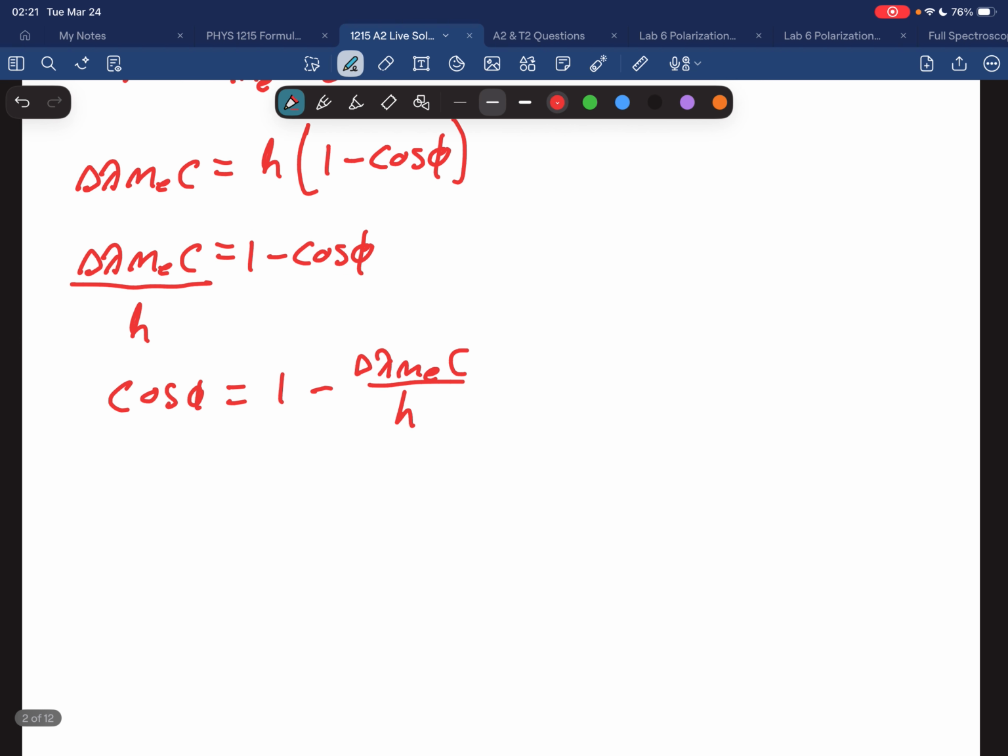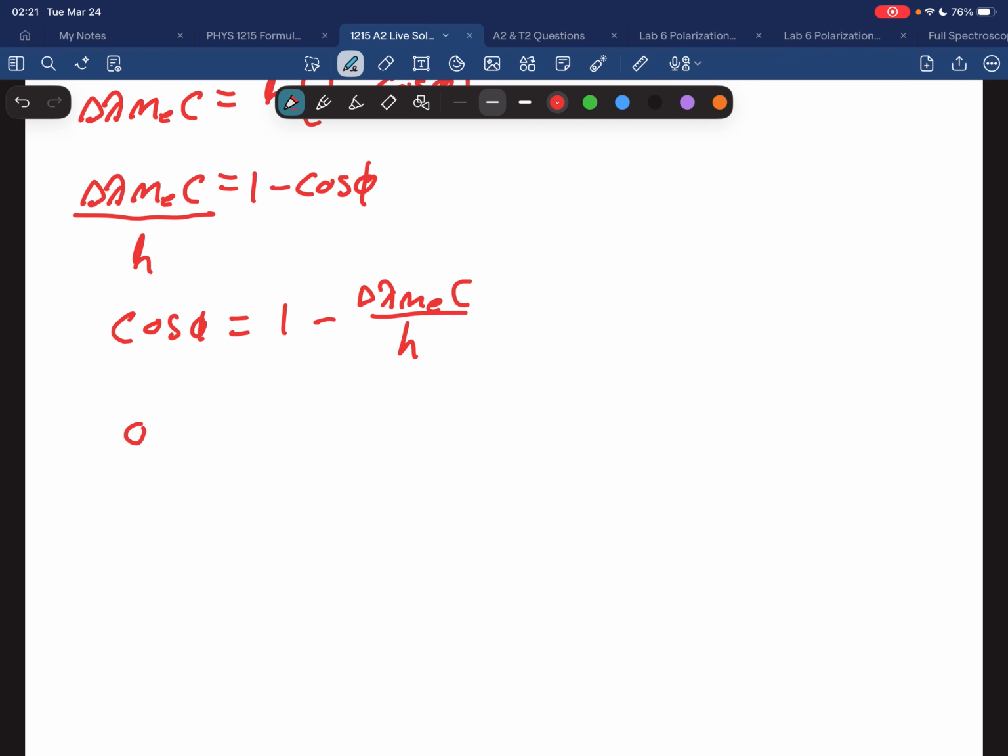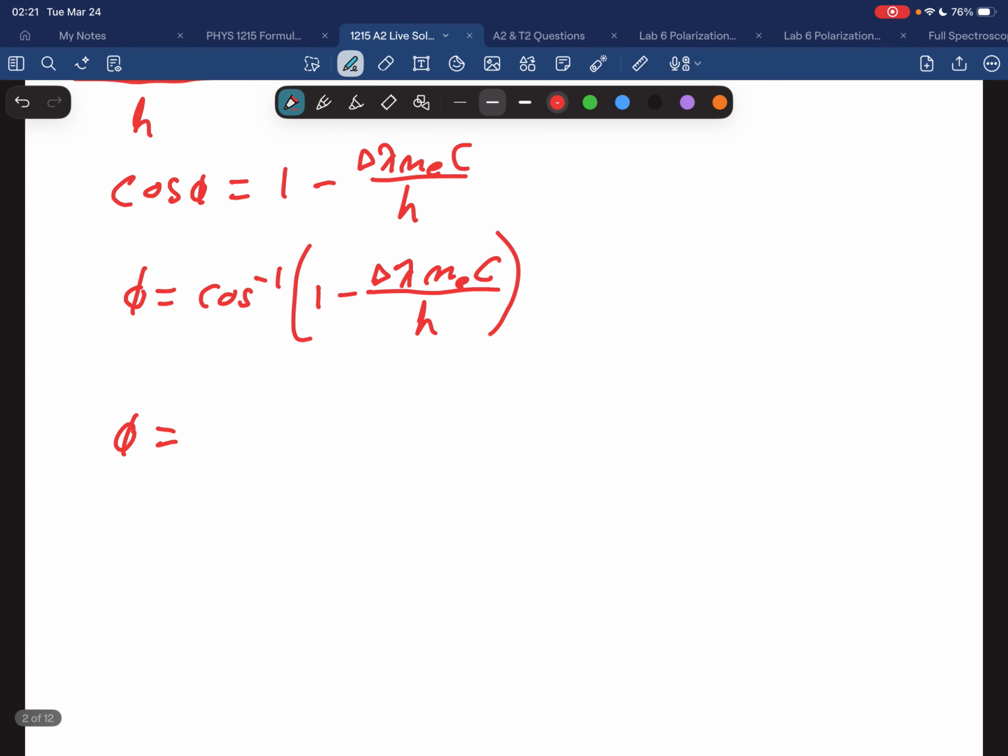And lastly, take the inverse cosine of both sides, 1 minus delta lambda m_e c over h. Great. Now, plugging in for all the constants.